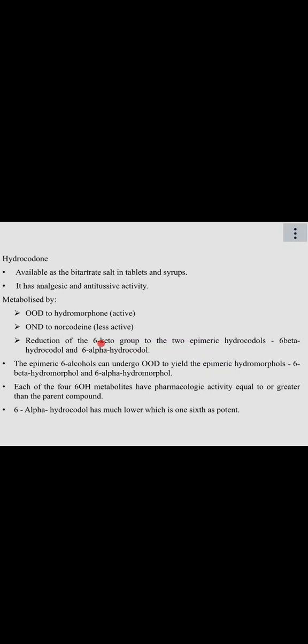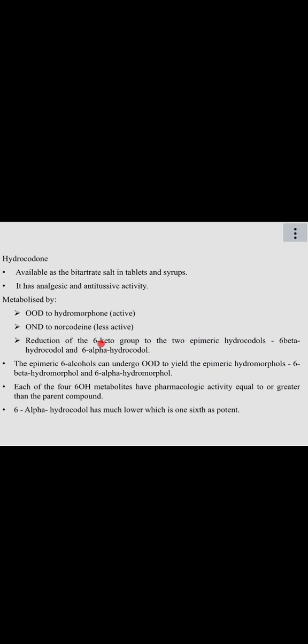So we are saying that for the codeines, when you saturate the double bond at position 7,8 and you have a ketone at position number 6, it can undergo epimeric reduction to the alcohols.